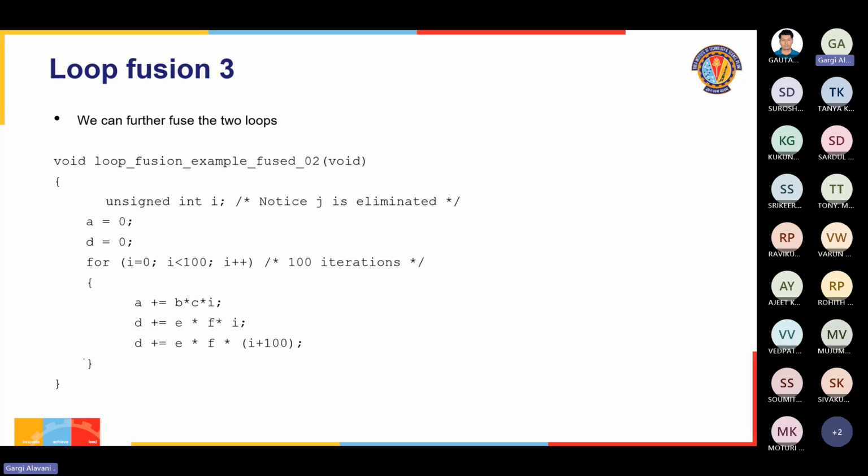This way you can fuse the loop further. Yeah, true. So we should try to fuse loops and avoid as much branching as possible, because then the problem of stalls and the problem of very limited independent instructions come into the picture. So fusing the loops is a good optimization technique.